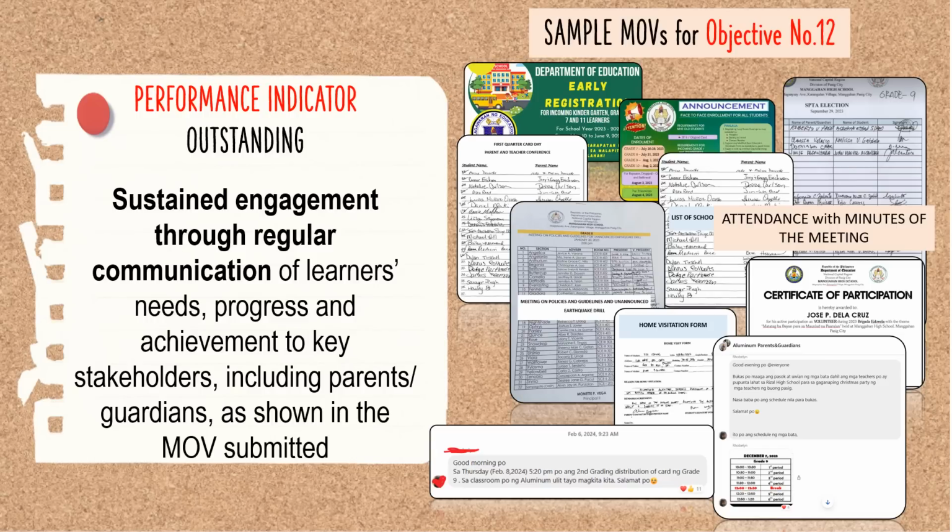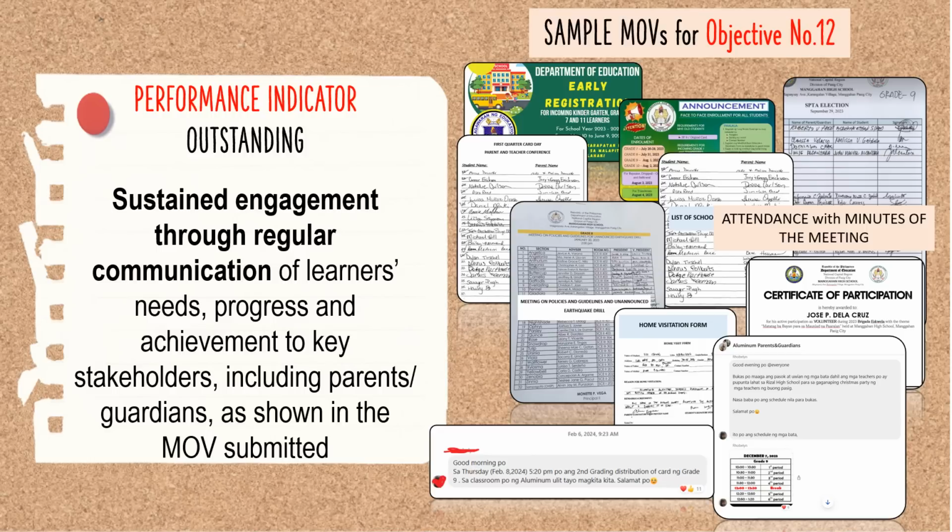If you want to get the rating of outstanding for this objective, dapat mailalagay mo lahat ng mga sample MOVs na ito dahil ang performance indicator ng quality for objective number 12 ay sustained engagement through regular communication of learners' needs, progress, and achievement to key stakeholders, including parents or guardians, as shown in the MOV submitted.